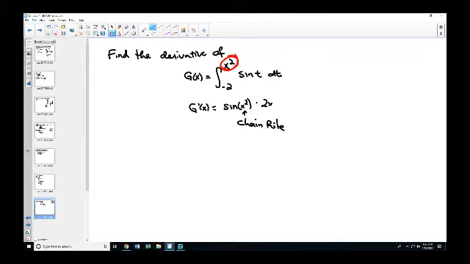You have the outside to derive, right? This is your inside. So you derive the outside, the antiderivative of the derivative just disappears, by the way. Copy the inside, derive the inside.